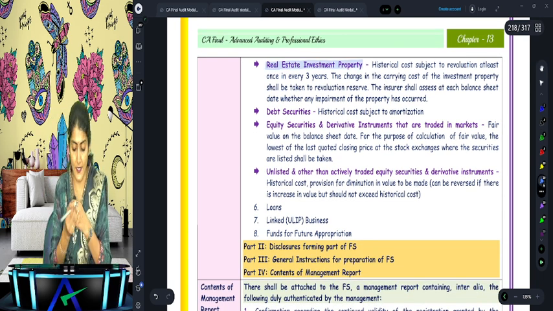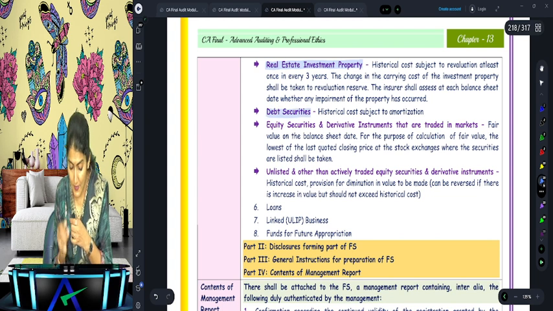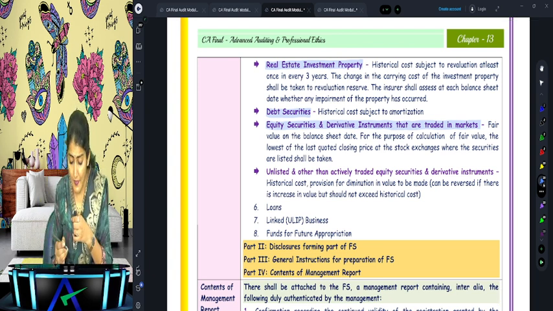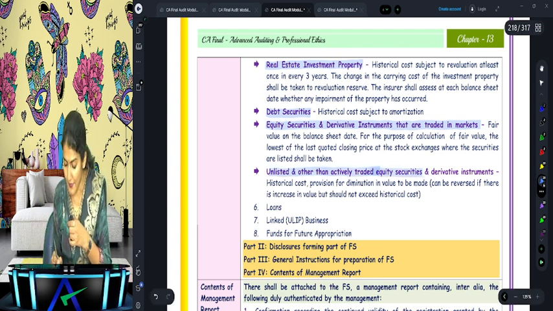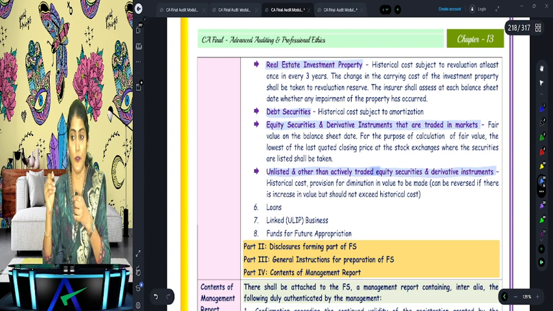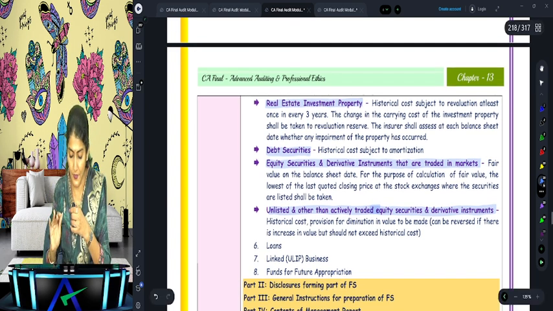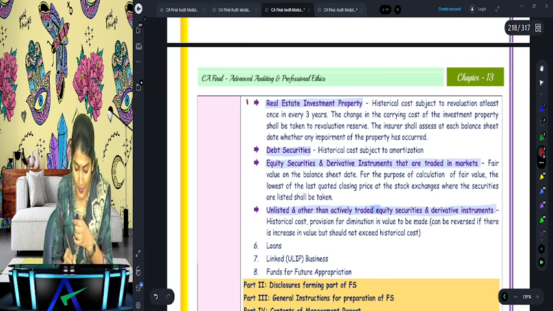Investments in real estate investment property, investment in debt securities, investment in equity securities and derivative instruments that are traded in the market, and the unlisted and other than actively traded securities and derivative instruments. So which are actively traded and which are not actively traded.